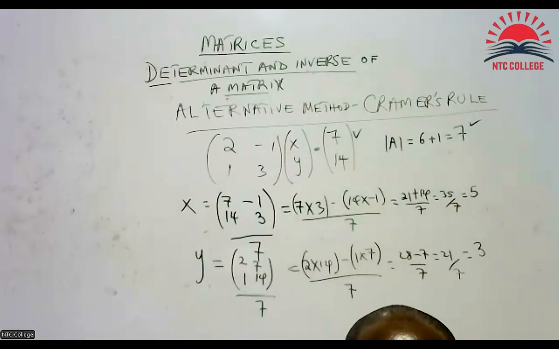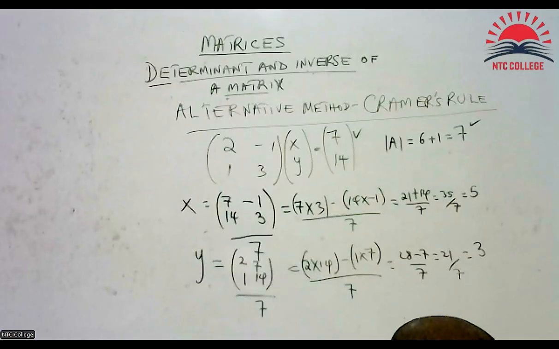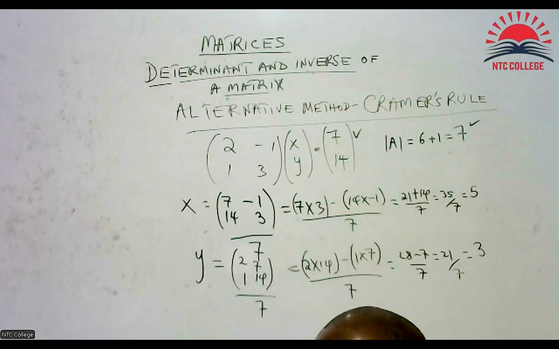So let's just agree, when you are not limited, that is, if the question doesn't specify and it is just solve the simultaneous linear equations using matrices, then you are free to either use Cramer's rule or the inverse method. But the question would be very particular, using matrices. So in using matrices, either Cramer's rule or the inverse method is acceptable.